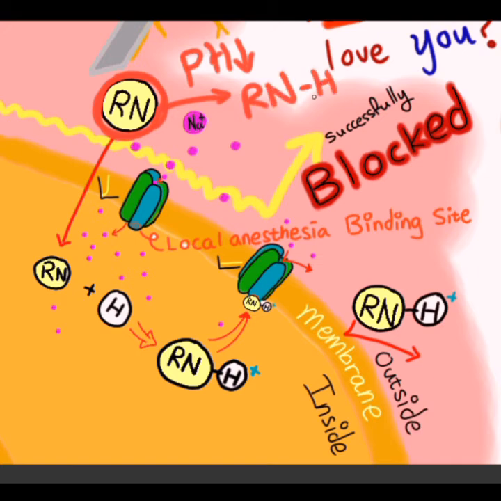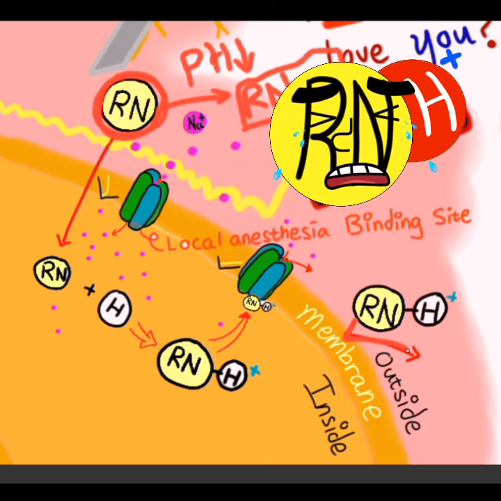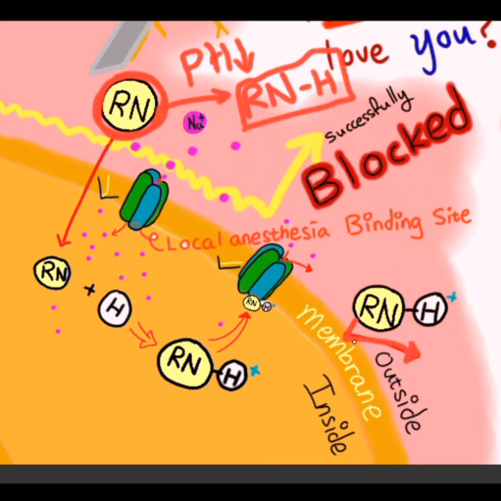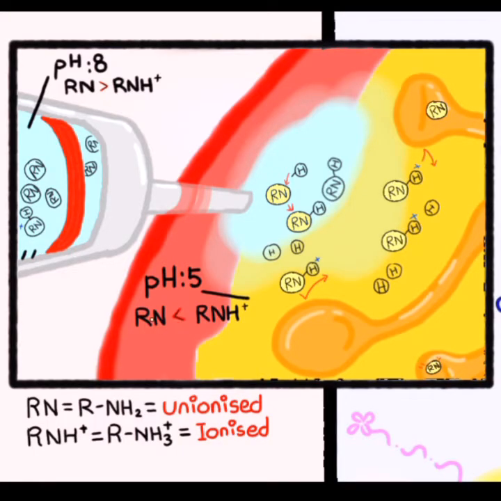If it is ionized, it cannot cross the cell membrane because the cell membrane does not permit molecules which have a charge. Is it crystal clear? So the pH of the local anesthesia is very, very important. And that is the reason why in pus, local anesthesia does not work well.